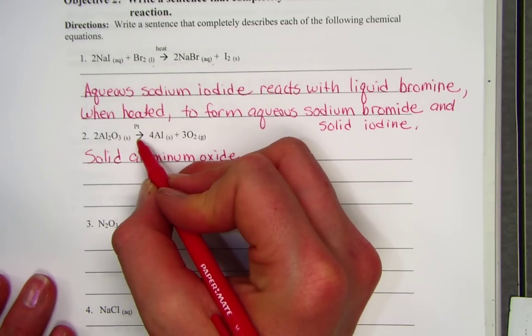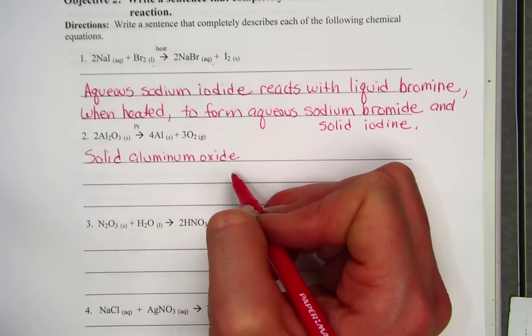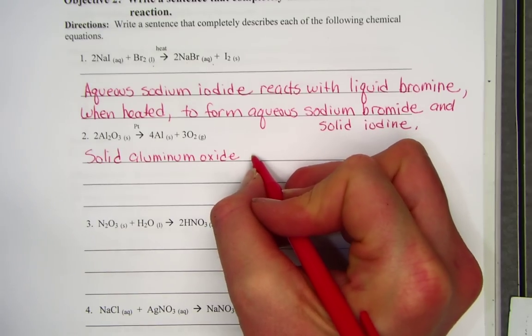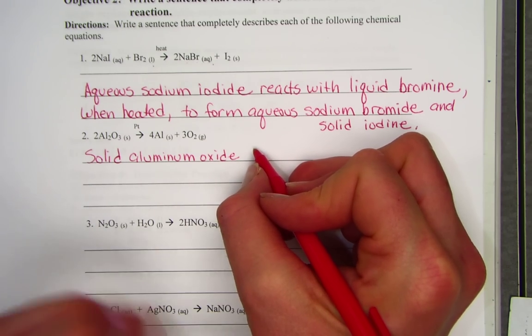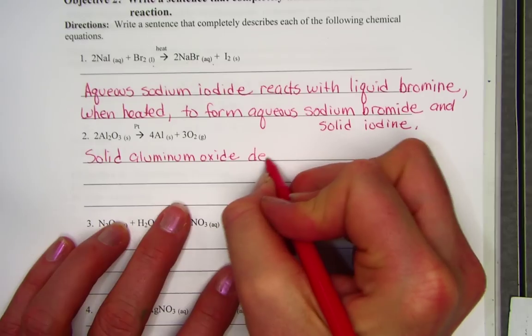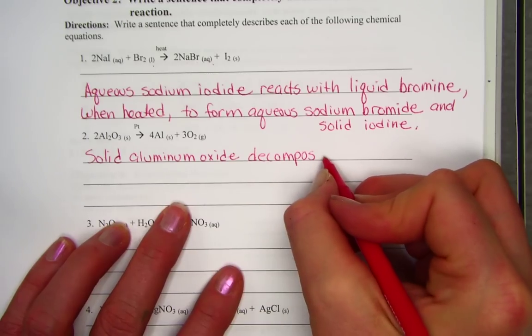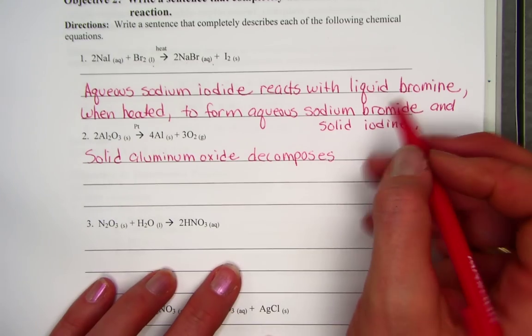Then I go straight to the arrow. This pattern of change, if I have a single reactant breaking down, is called decomposition. So to make my adjective work here, every sentence needs some sort of verb, right? Solid aluminum oxide, what is it doing? Well, it's decomposing. So solid aluminum oxide decomposes, and I see that Pt, that's the element platinum.